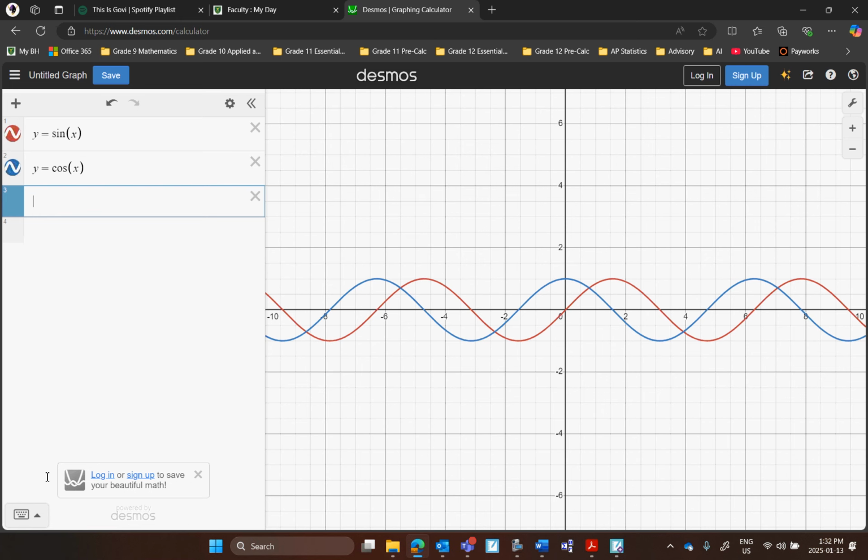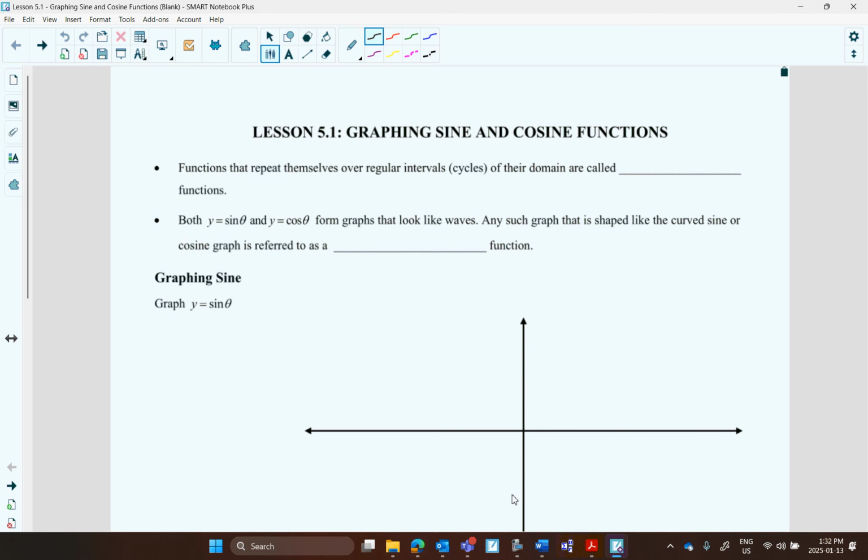Okay? Because they keep following this pattern, the name we give to them are periodic functions. That's what they're called.